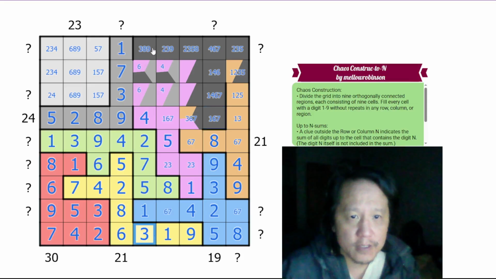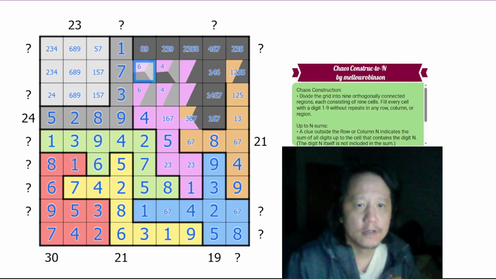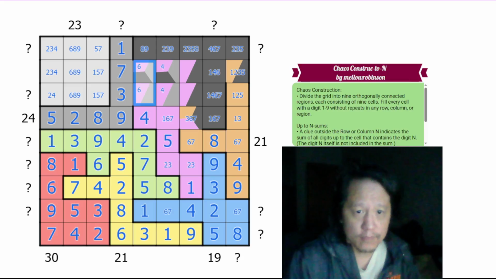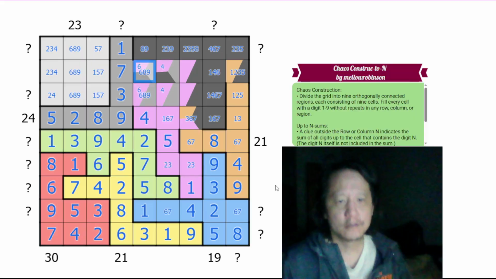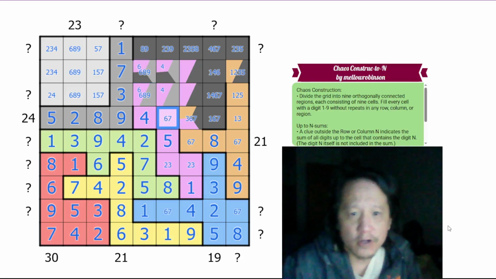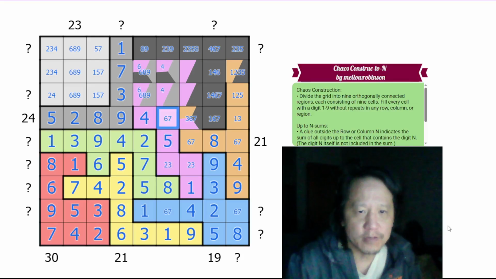Okay, 3 eliminates 3 here. Remaining digits in column 5 are 6, 8, 9. Interesting. Remaining, okay, 1 eliminates 1 here. Okay, we also have a 1 in the pink region, so we knew that.